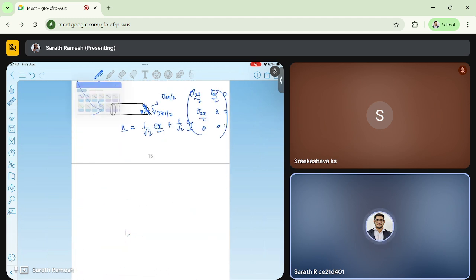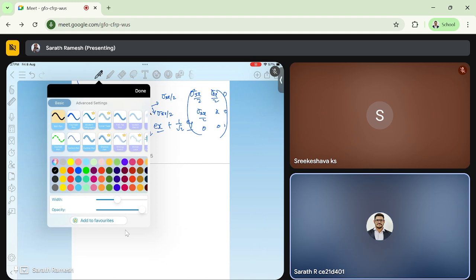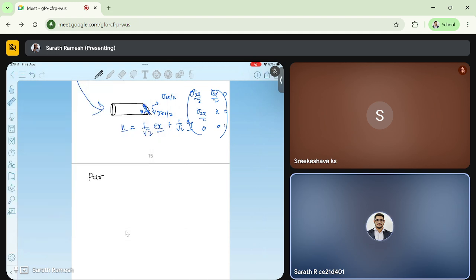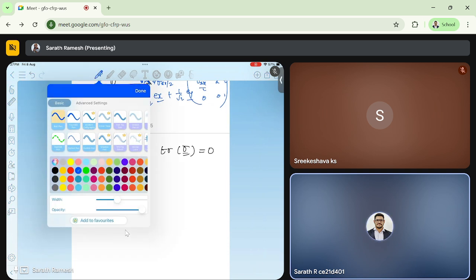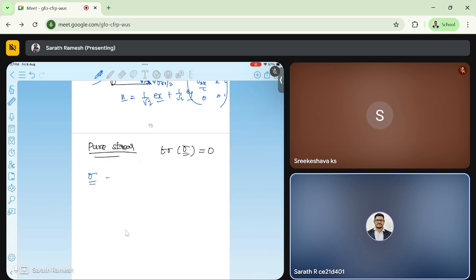Similarly, when it is a pure shear stress state, the trace of sigma will be zero. I can represent the stress tensor as 0, tau, 0; tau, 0, 0; 0, 0, 0.